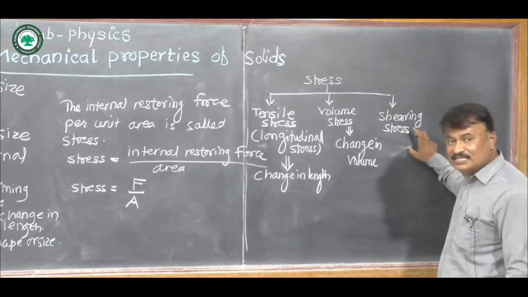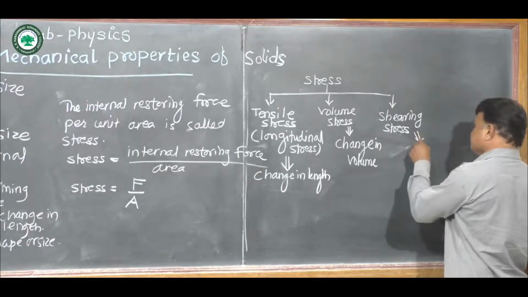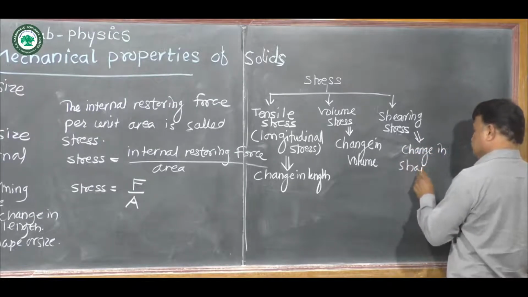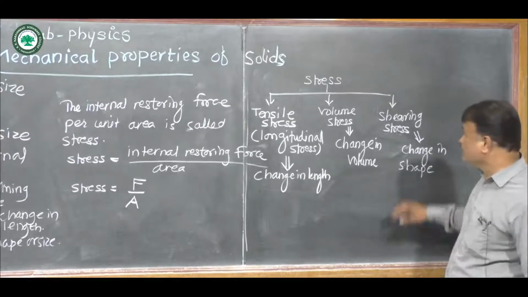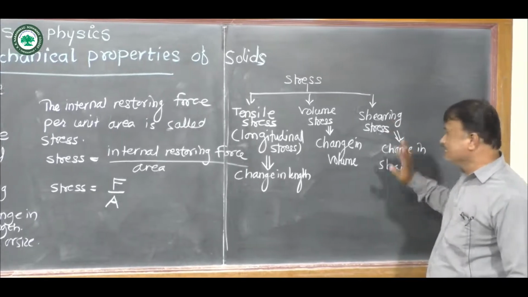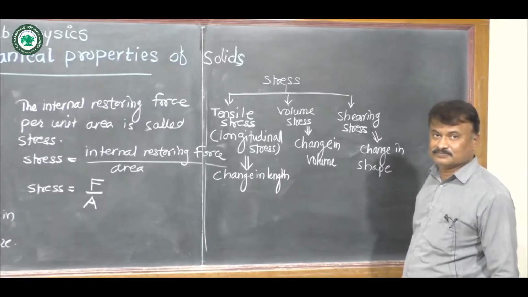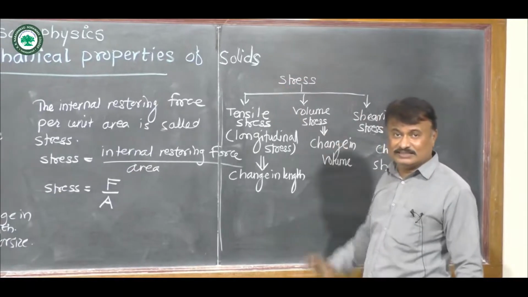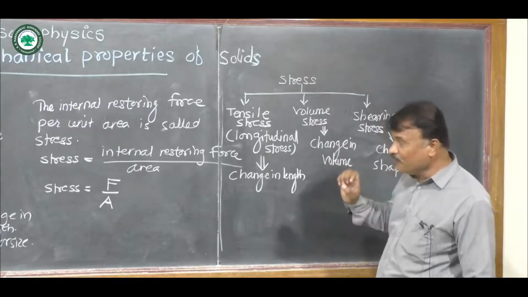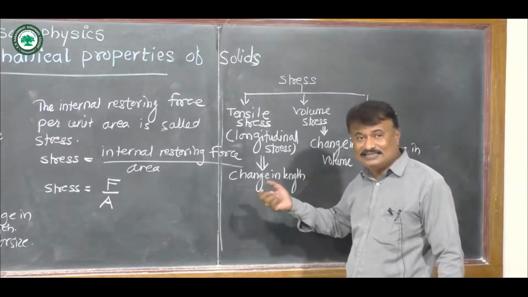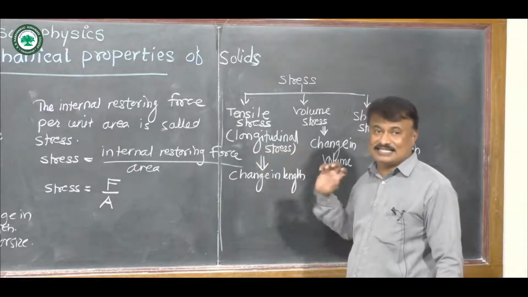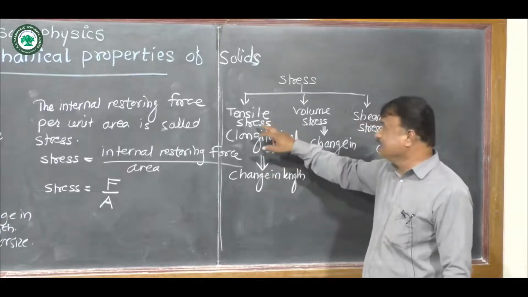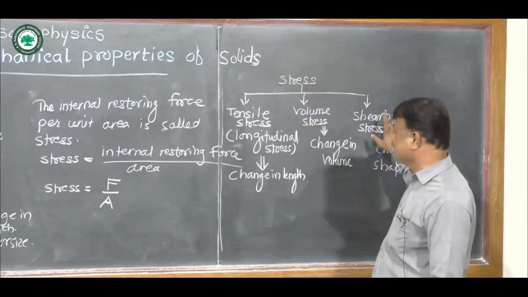When deformation consists of change in a shape, then the corresponding stress is called shearing stress. In this way, this stress depends upon deformation, and as we know, deformation is in the form of change in the length, change in the shape, and change in the size. Related to that, there are three types: tensile stress, volume stress, and shearing stress.